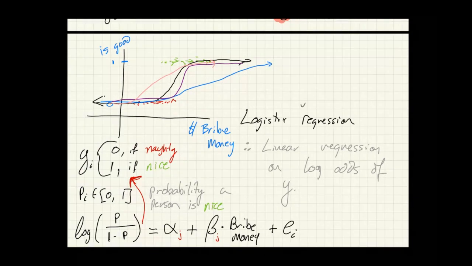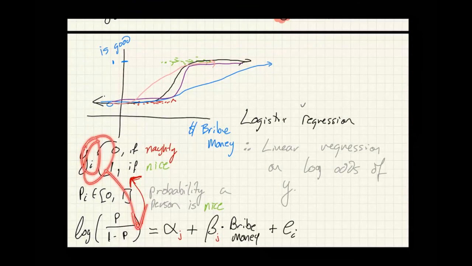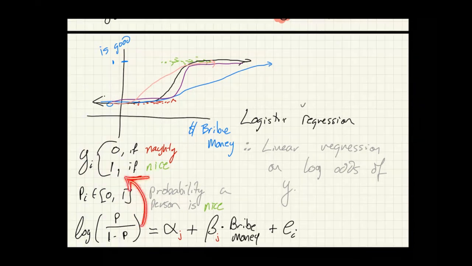But the differences in alpha and beta are just going to change the speed at which the curve goes up and the location where that kick starts. But the main point is that a generalized linear model is just about the transformations that take us from y to something that we can model using a linear model and then back.